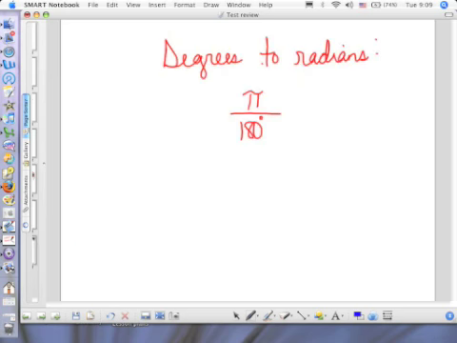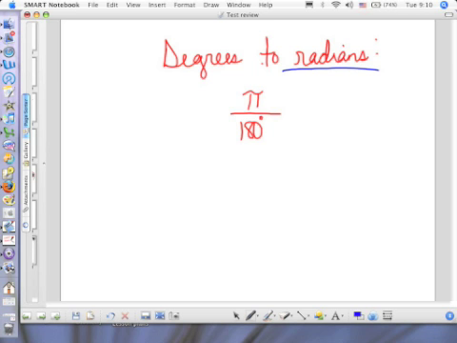All right, when you're converting from degrees to radians, notice the two elements of the unit multiplier are still pi and 180 degrees. They're just flip-flopped. And that's because now our goal is to turn it into radians and get out of degrees. So whatever I'm trying to get into goes in the numerator.